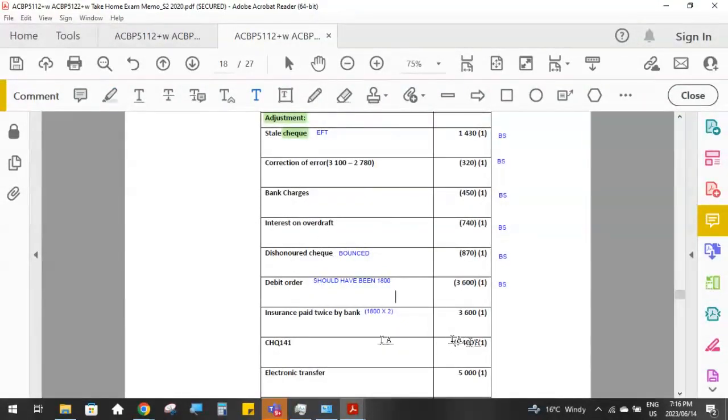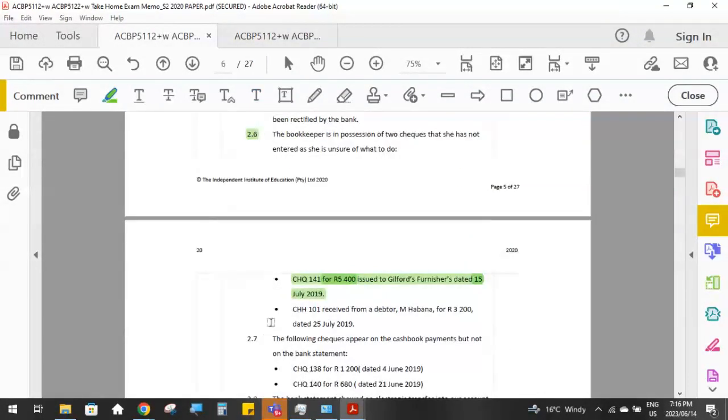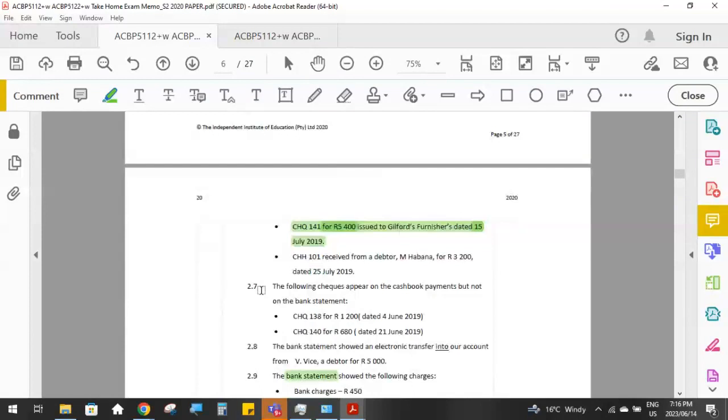So she has to record that amount as coming out of our bank balance. Because it's committed, we've made out the check, we've given it to somebody, we have to take it off, even though they're only going to deposit it next month. And then this check here is also something that we picked up on the bank statement, 5,400.